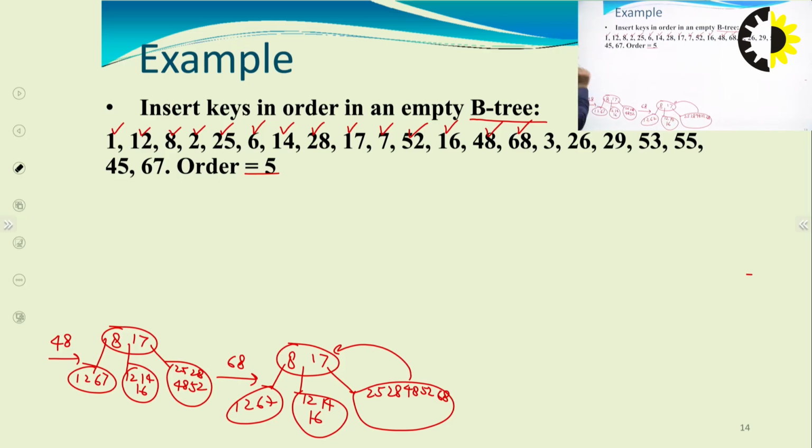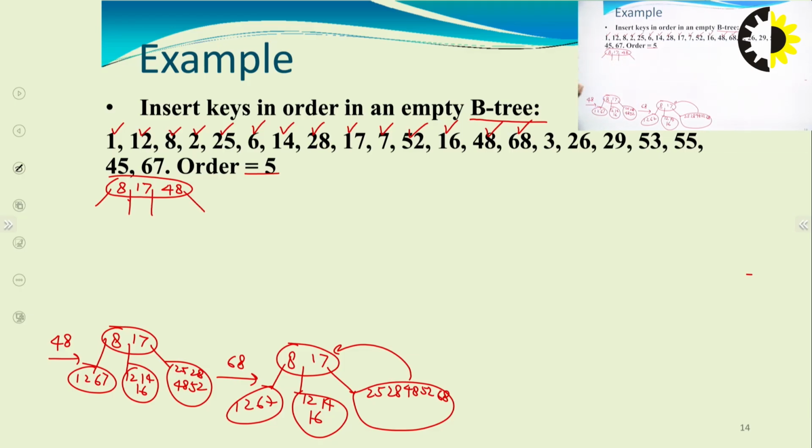Again, I'm splitting due to some erasing problem. That is 8, 17 and 48. Now here we have 3 keys, that means 4 children.